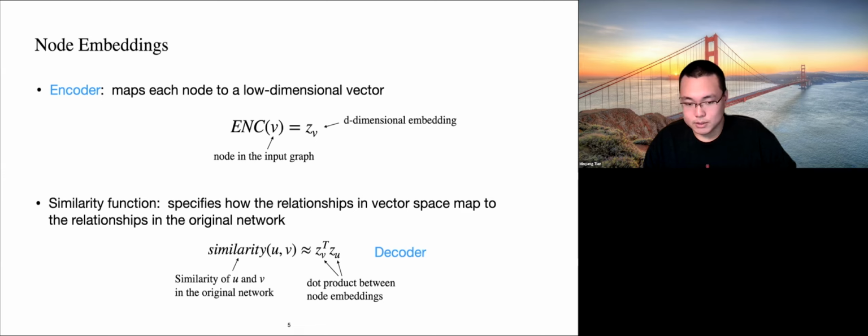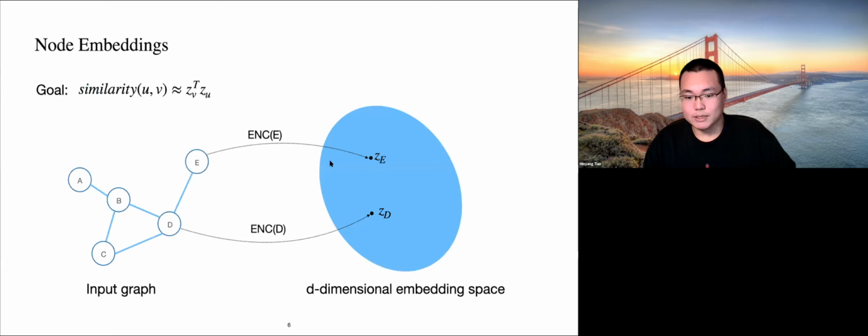So similarity in the graph can be viewed as similarity in the embedding space, which is represented by the dot product between the node embeddings. From this graph, you can see clearly how similarity in the graph can be transformed into similarity in the embedding space.